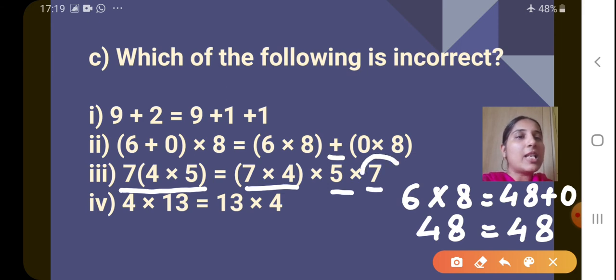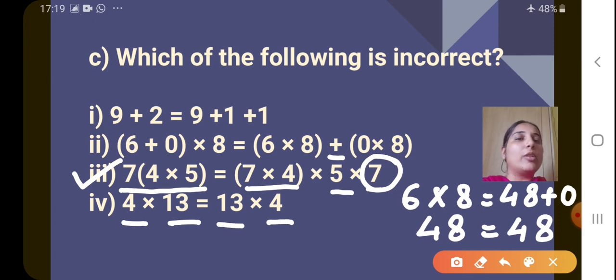And again this side we can see an extra 7 is there. So that is incorrect. So option number 3 is incorrect, whereas option number 4 is correct. You can see 4 multiplied by 13 or 13 multiplied by 4. That is correct. Okay children. So option number 3 is incorrect.